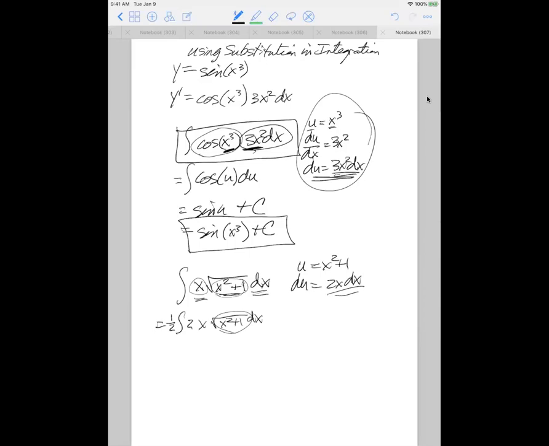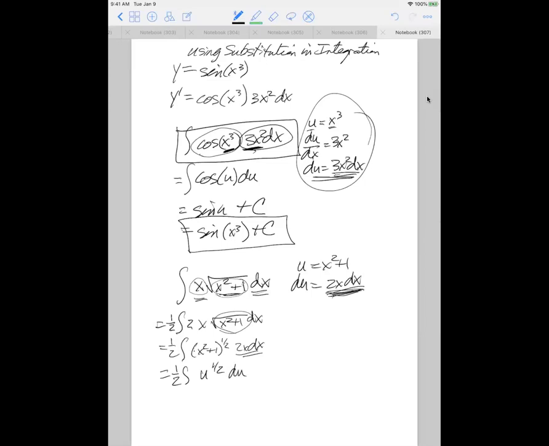So now I've got the 1/2 introduced, and if you want to rewrite this, you can see that this is equal to x squared plus 1 to the 1/2, and I can put the 2x dx together out here so I can see that that's my du specifically. So now if I do a substitution, I haven't integrated yet. I haven't done any integration, but now I'm just going to substitute. And this 2x dx is my du.